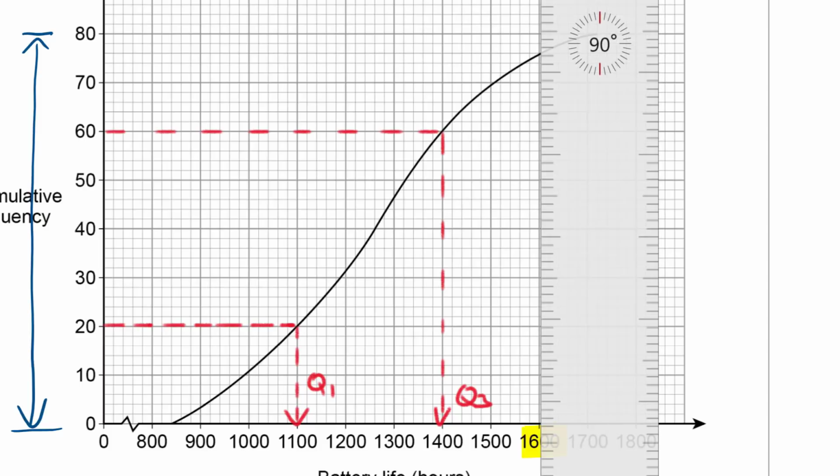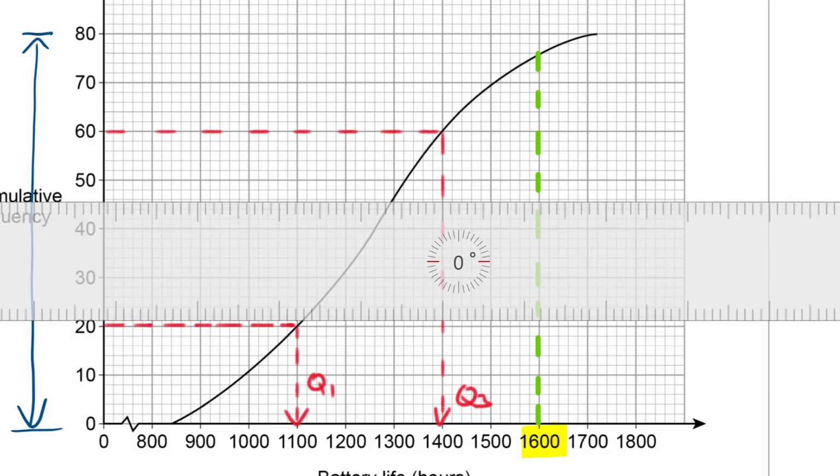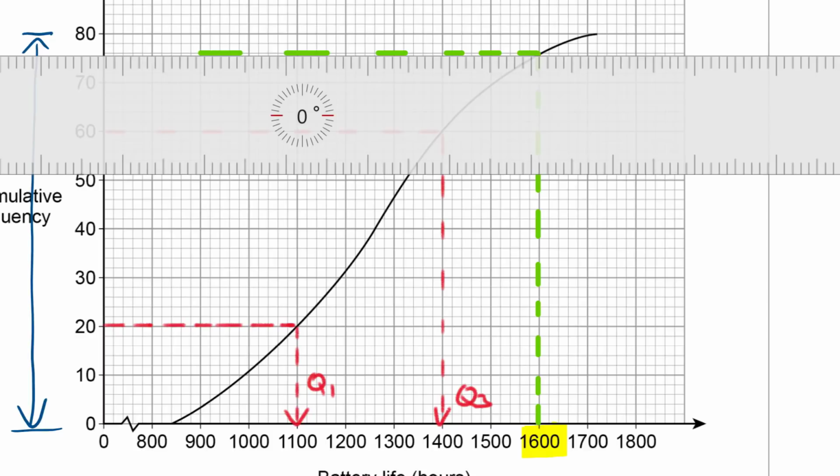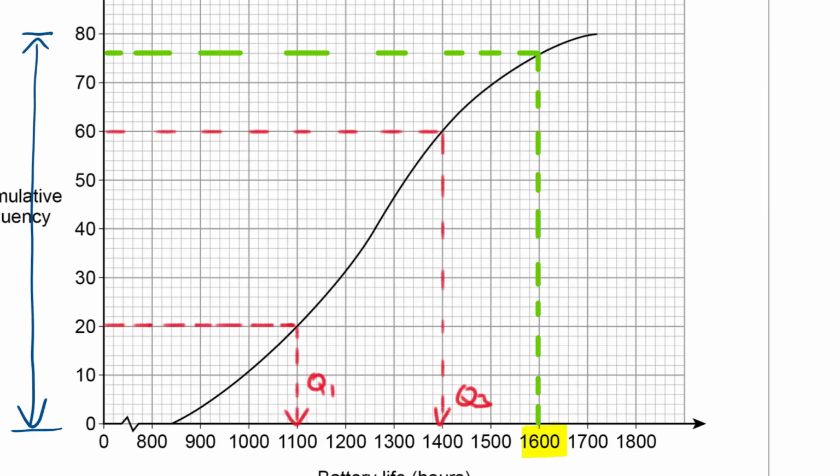So rather than reading across from the frequency and down, we're going to read up from 1600 until we hit the curve, and then we're going to change direction and read across. Okay, done it.